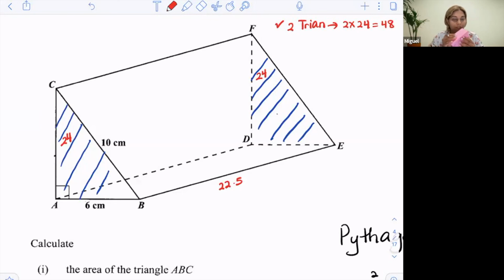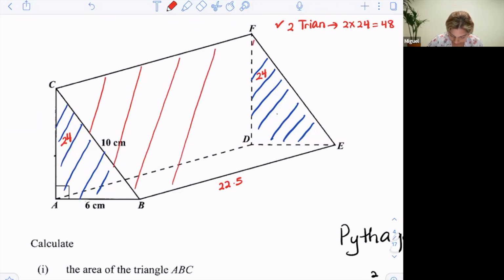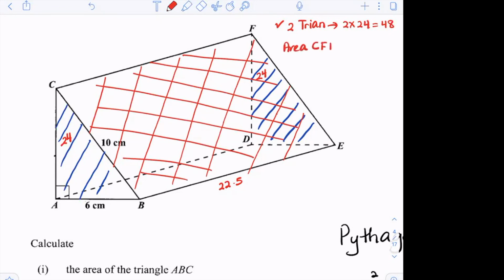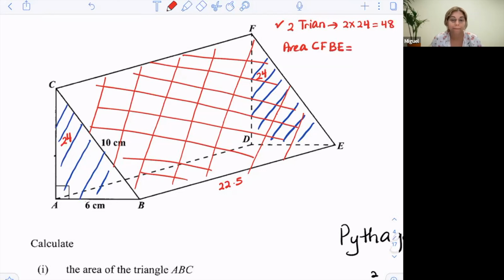Remember, we have 3 rectangular faces. So what is the area of this face here? What is the length and the width? You see in that first face here, what is the length and the width? So the area of CFBE, what is the length and the width? The length is 22.5, the width is 10. Are you all seeing it?